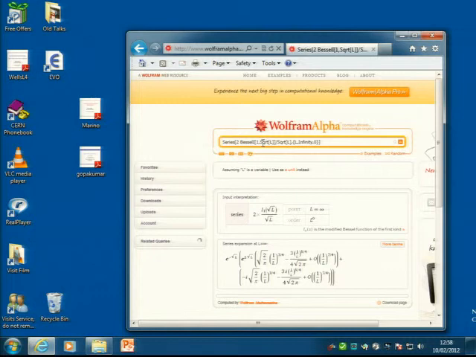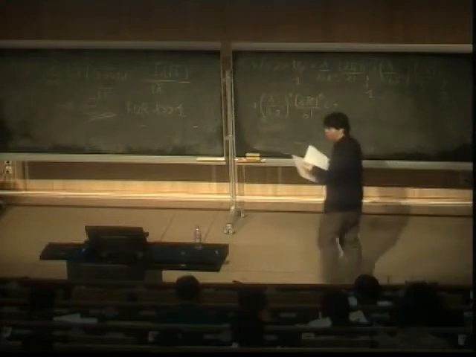So for very large values of lambda, for lambda much larger than 1, this goes up to a factor with e to the square root of lambda. And this was exactly what we have found with our strong coupling computation. So this is like a very big justification of what we have done.